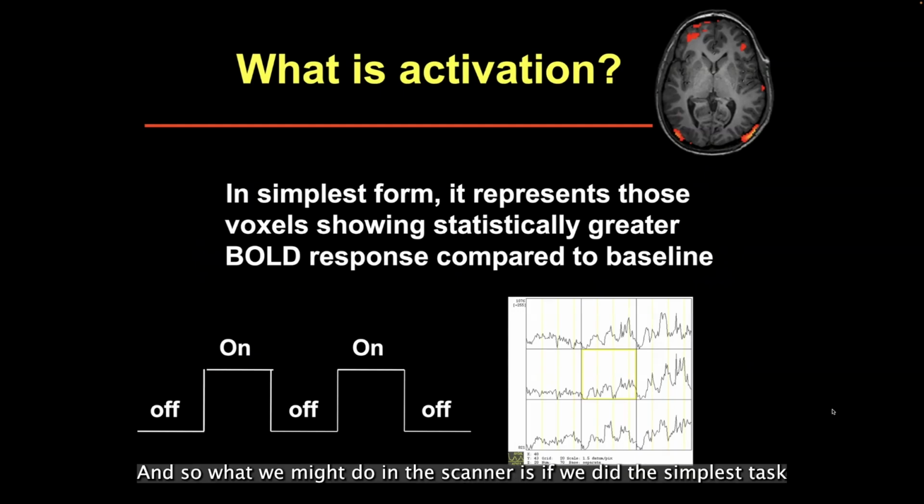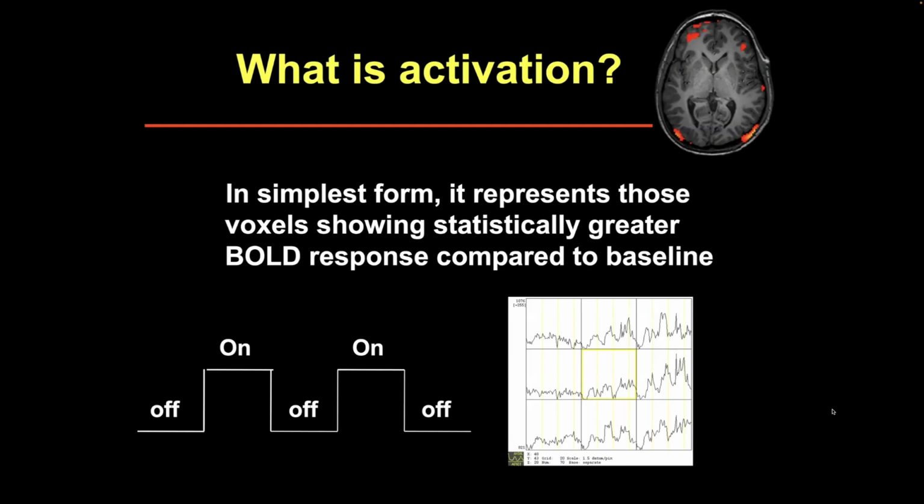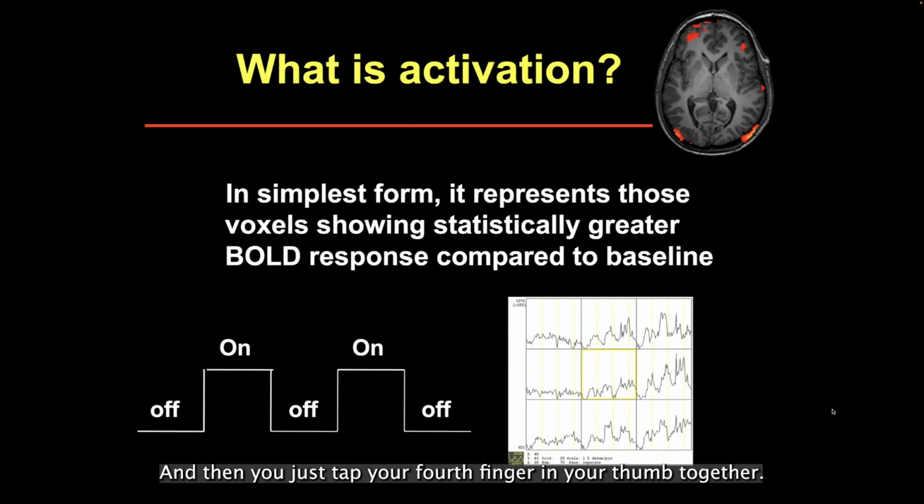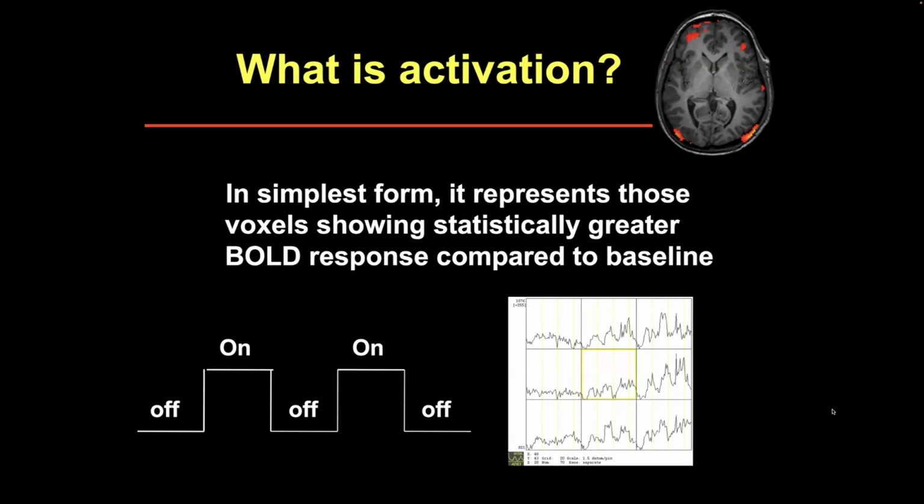What we might do in the scanner, if we did the simplest task, is you're lying in the scanner and the scanner starts and you're resting. Then on the screen, it says, tap your fingers. So at first it's off. Then you tap your forefinger and your thumb together gently during this window of time for on. Then off, you stop.